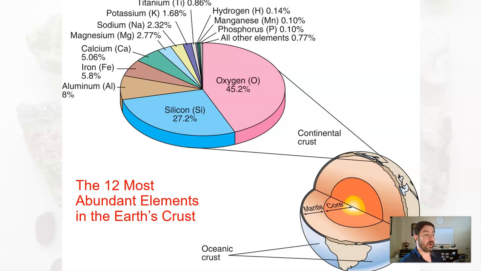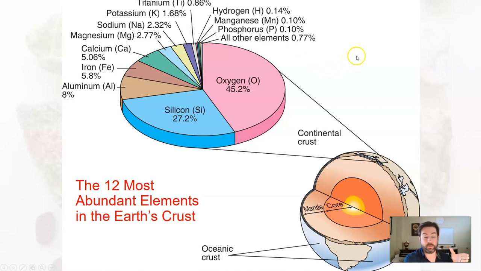The 12 most common elements that make up rocks are oxygen, silicon, aluminum, iron, calcium, magnesium, sodium, potassium, titanium, hydrogen, manganese, phosphorus, and then everything else. All those other 120 some odd elements only constitute 0.77% of the Earth's crust.